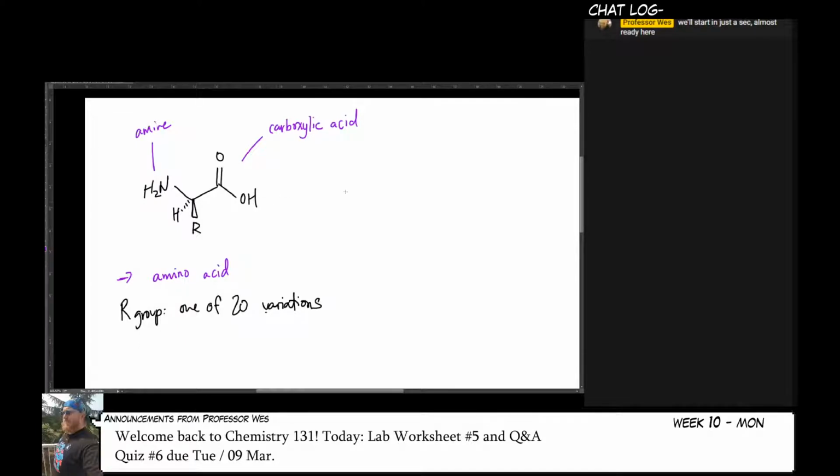Now, if I take a bunch of these and chain them together, then I get something that looks like this. Oops, not O. That's not what's going to go there. So N, carbon, carbon, double bond O. And then this would go on forever and ever.